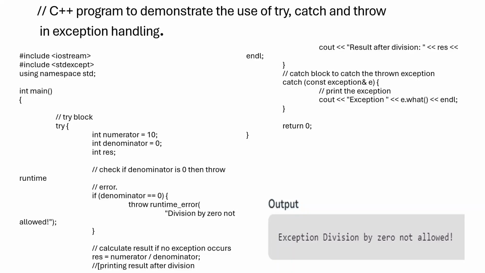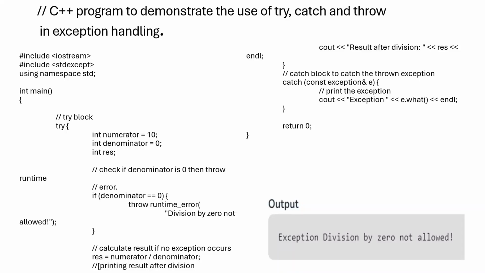In normal conditions, what will the system do? It will go to infinity, and some unexpected problem will arise, that is an abnormal situation. But here, in the catch block, we are handling those exceptions. We catch const exception &e, and print a statement with cout, exception, like this.